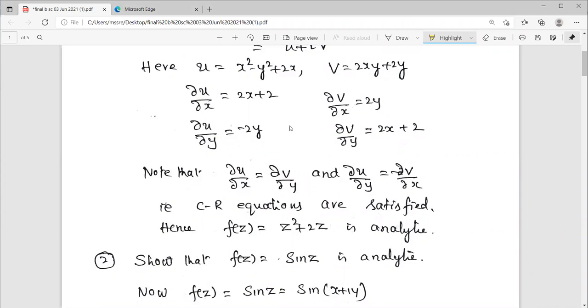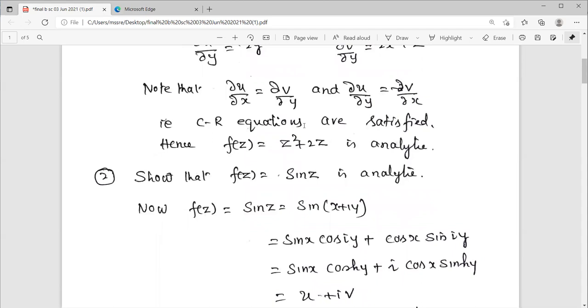So therefore, these two are satisfied here. So the CR equations are satisfied. Hence, the function is analytic. That is, CR equations are satisfied. Hence, the given function is analytic.